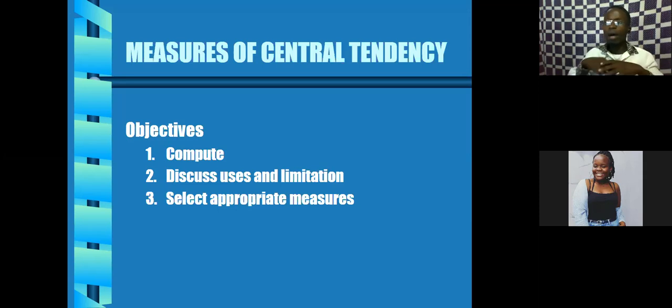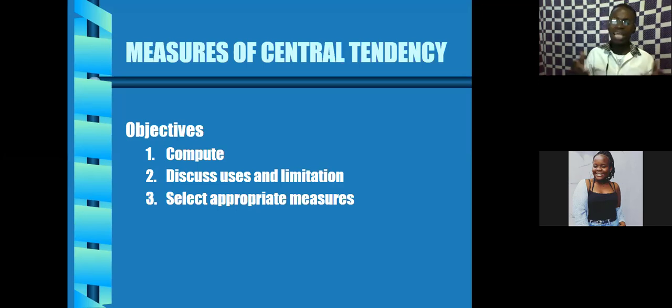So now, most commonly in statistics, when we talk of measures of central tendency, we're talking about the mean, median, and the mode. Before we go any further, let me briefly define these. When you talk of mean, we're basically talking about the average.